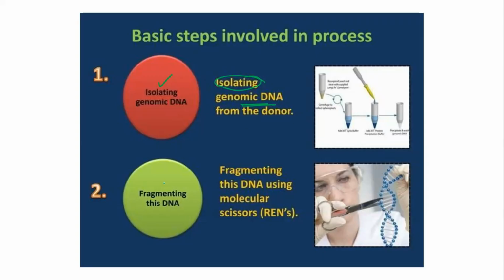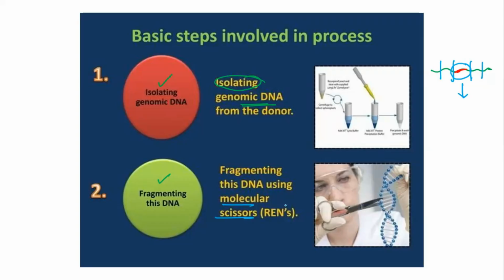Okay. Now, second is fragmenting the DNA. Once we have the DNA, and if this is the particular gene of interest, we have to separate this particular DNA from the sample. That is, we have to fragment the DNA, separating or cutting the DNA using molecular scissors.